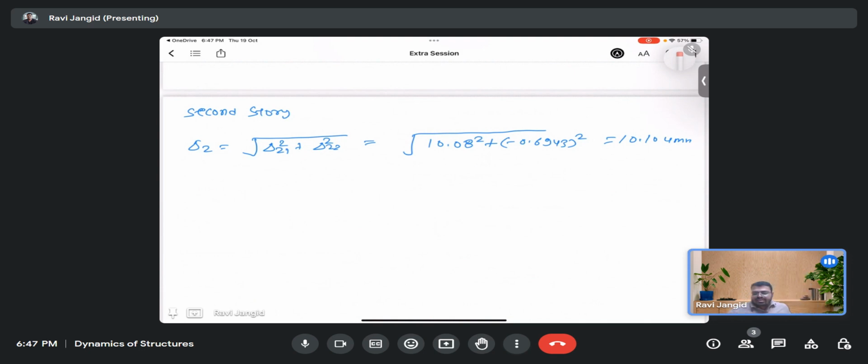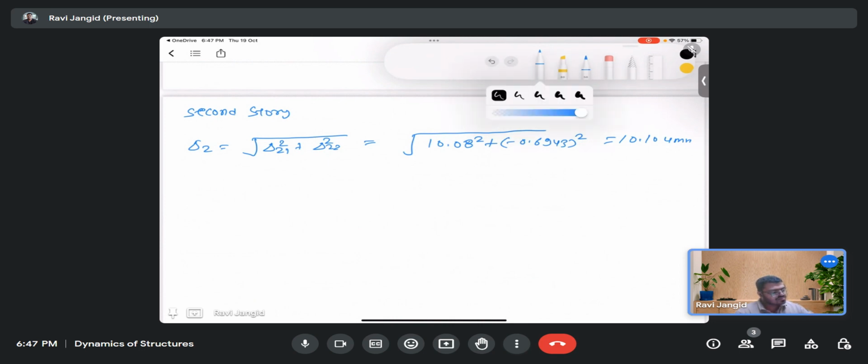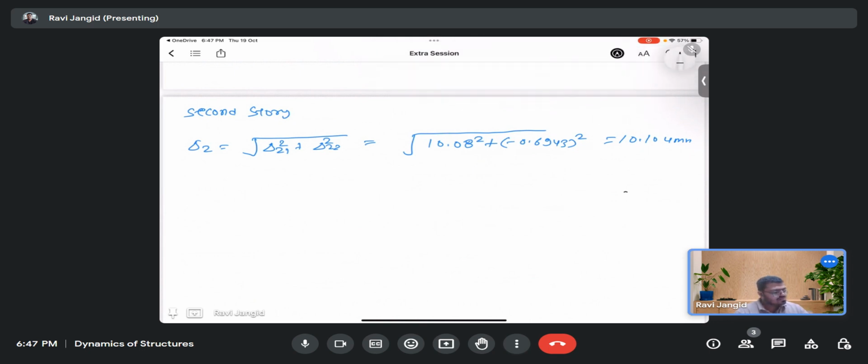So that's for the second story. Now we need to find out the response for part C. We need to determine in part C the peak internal forces, peak forces in column.